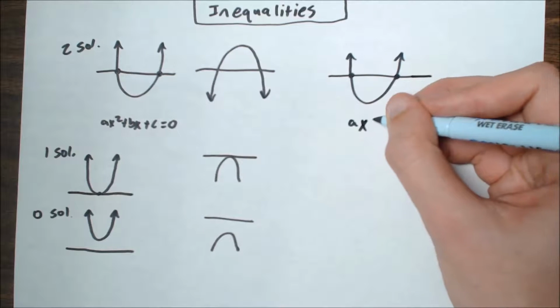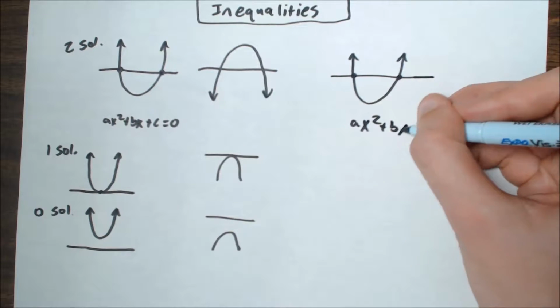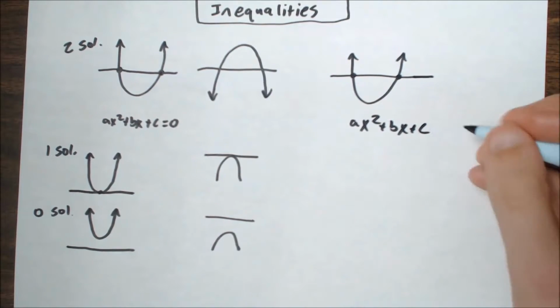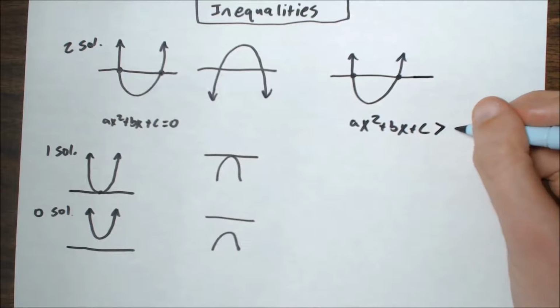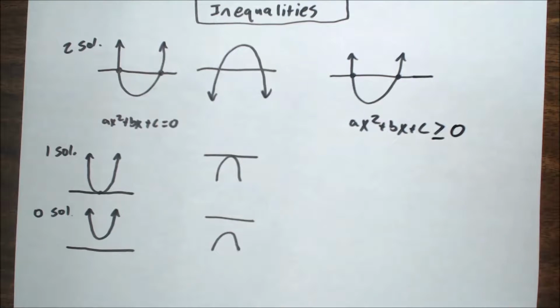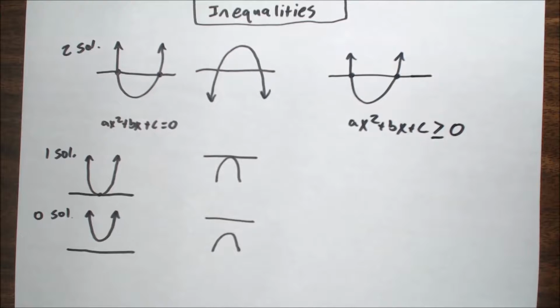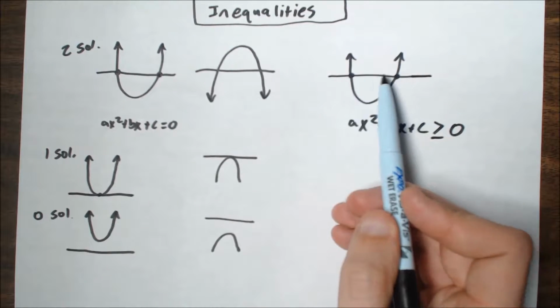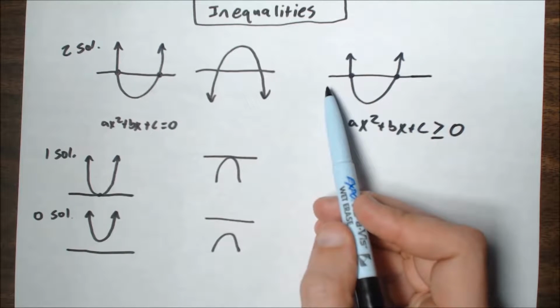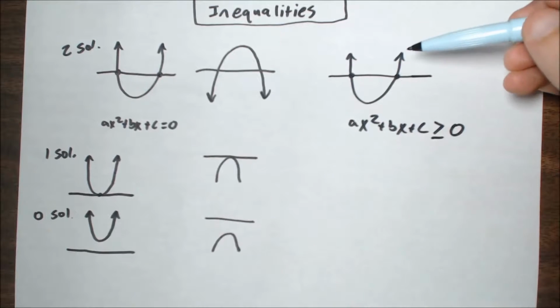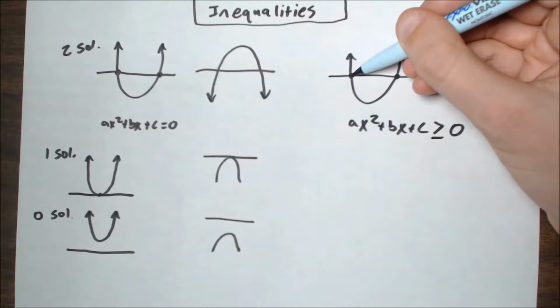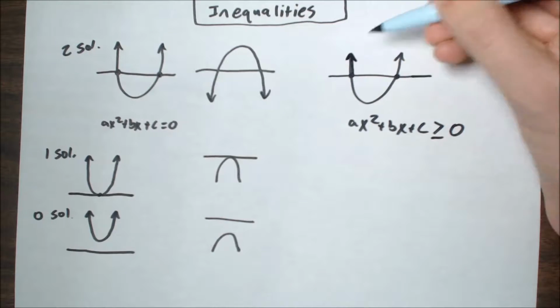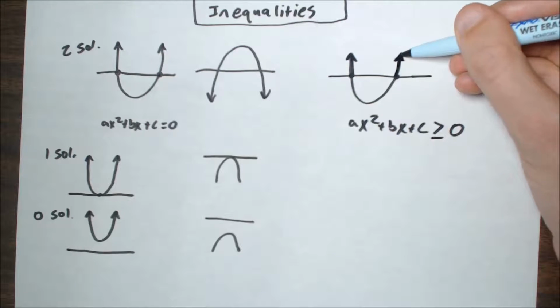I don't even know what the equation is. ax squared plus bx plus c, just representing any quadratic. Where is that greater than or equal to 0? Well, at these two points, it's equal to 0. But where is it greater than 0? It's greater than 0 right here and right here.